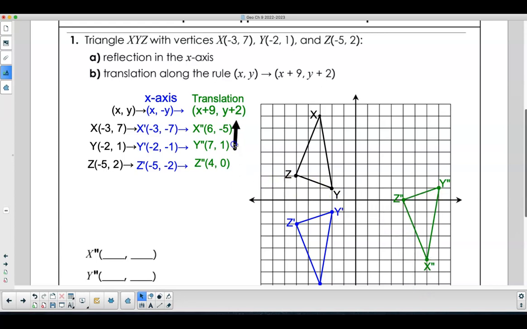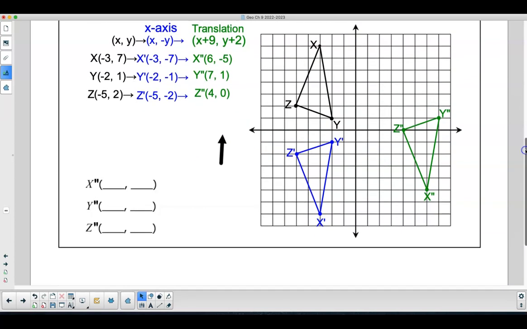Those are the same points here. So my final position, and you have on your sheets a single prime, would be these answers, but we're really looking for the final resting place. So these should be these: (6, -5), (7, 1), and (4, 0).